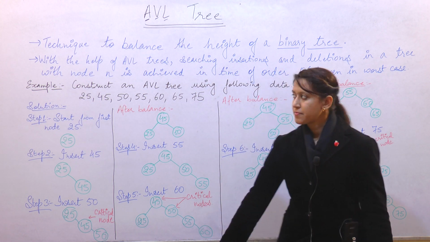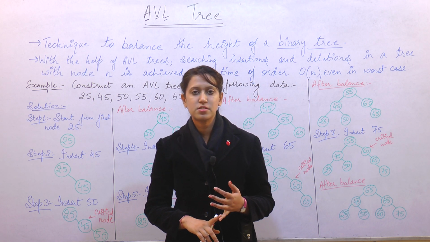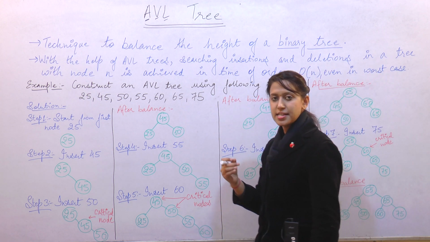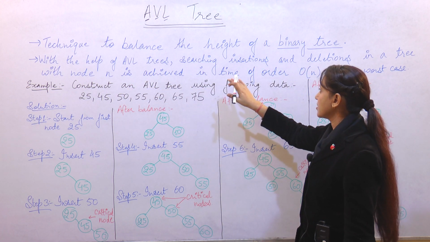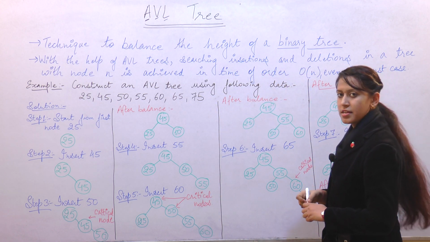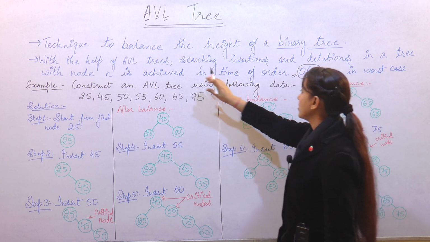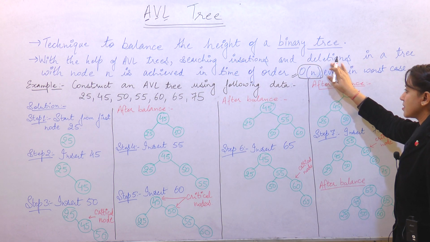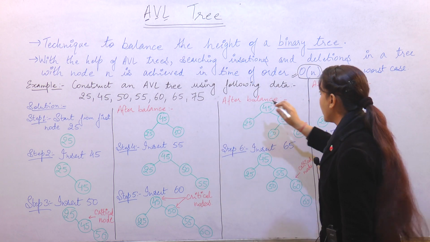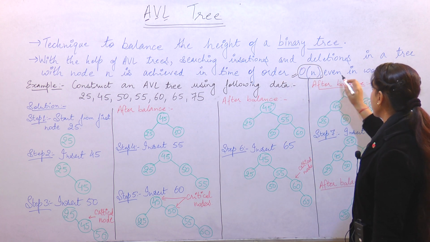With the help of AVL trees, searching, insertion and deletion of nodes in a tree which contains n nodes can be achieved in time of order O(n), even in the worst case.